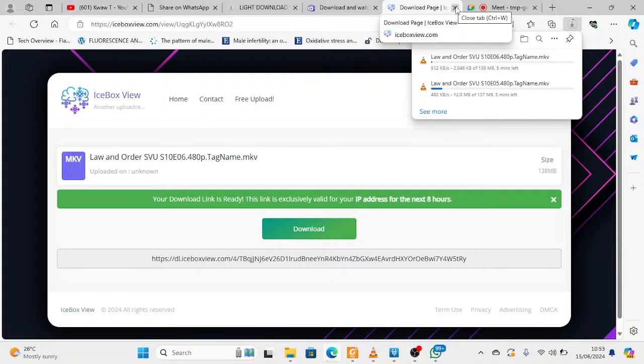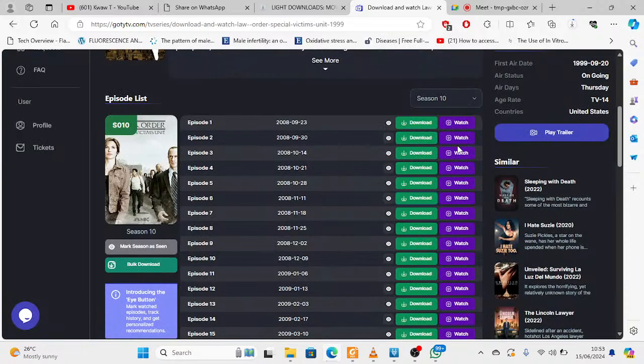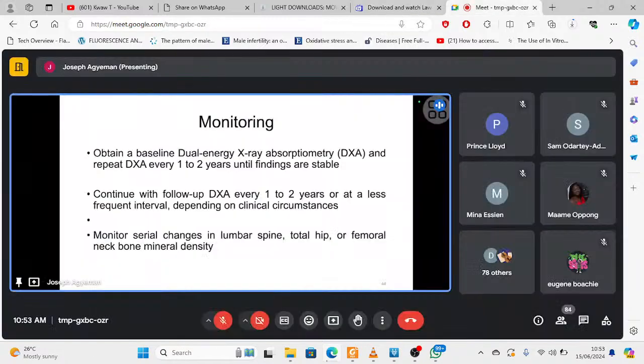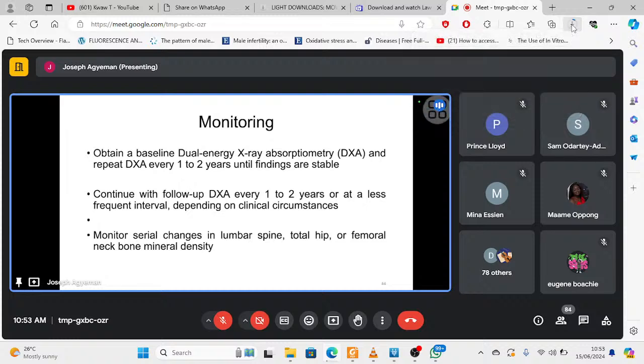Start your intervention and repeat this test every 1 to 2 years. You do this, you modify your therapy until you get a very stable and a very favorable dual energy X-ray absorptiometry measurement. So you'll be monitoring and doing your treatment. Then you continue with a follow-up dual energy X-ray absorptiometry every 1 to 2 years, or at a less frequent interval, and this depends on the outcome.